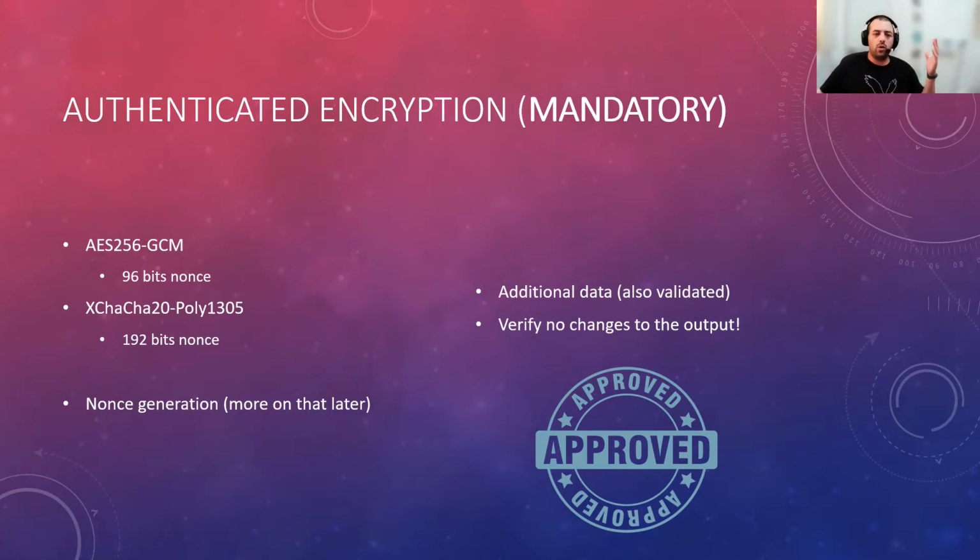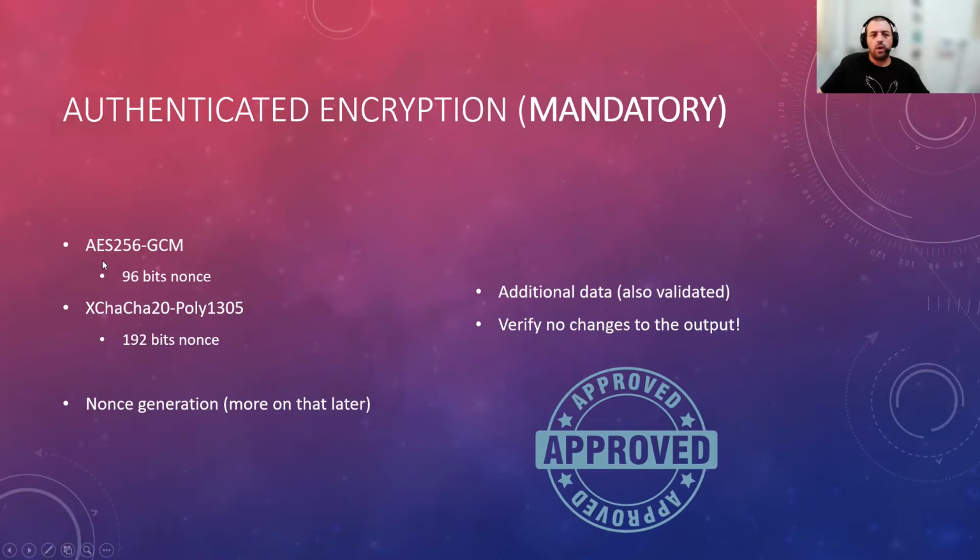A good example of where I want to do that, I may want to send you the encrypted message, the nonce, and the position of this message in the stream of values that I'm sending. The position is not secret, but I want to also validate that. So this goes into authenticated encryption. We validate both that the data hasn't been changed and that the additional data hasn't been changed, and that gives us a lot of safety.